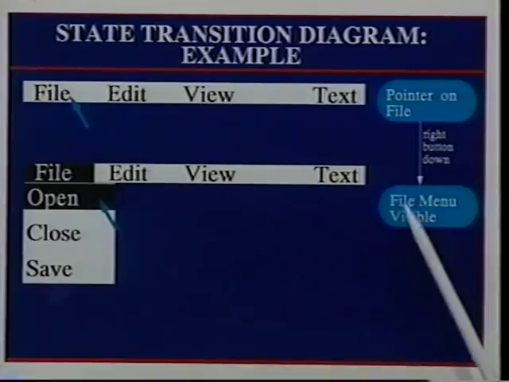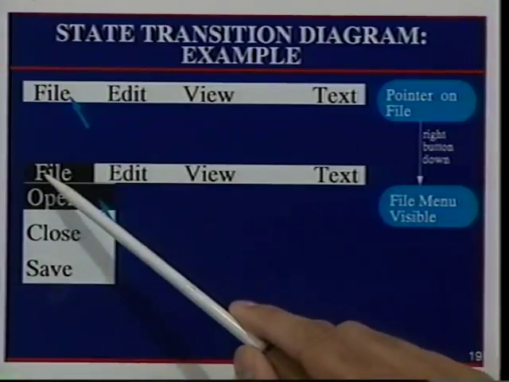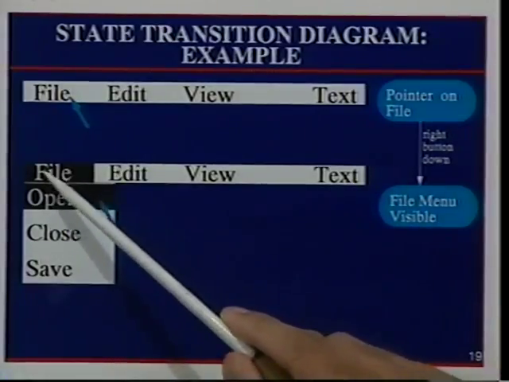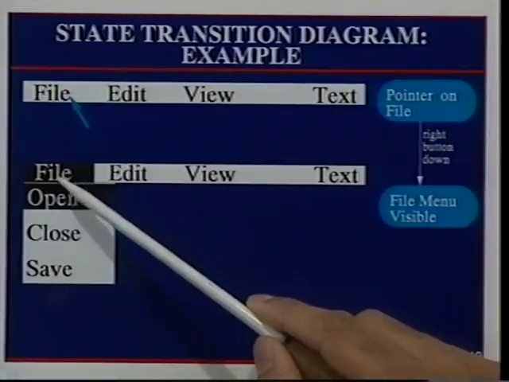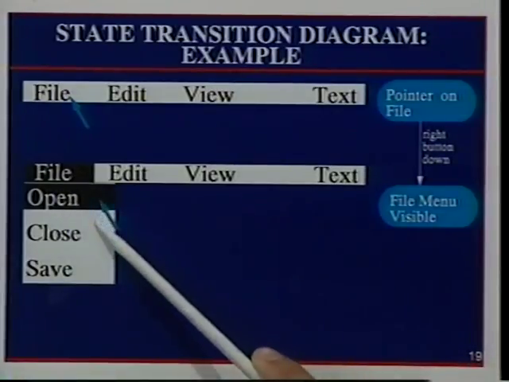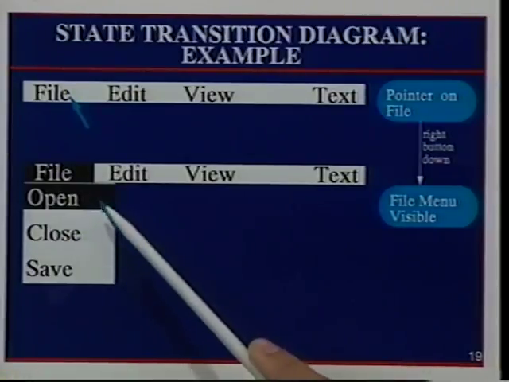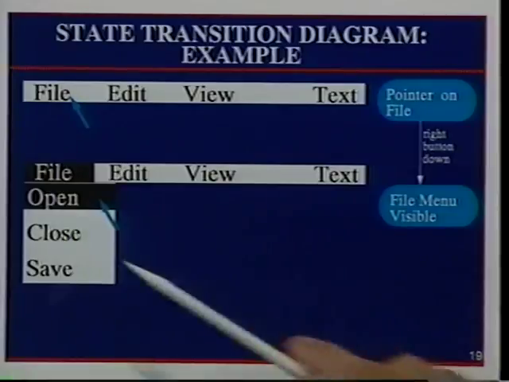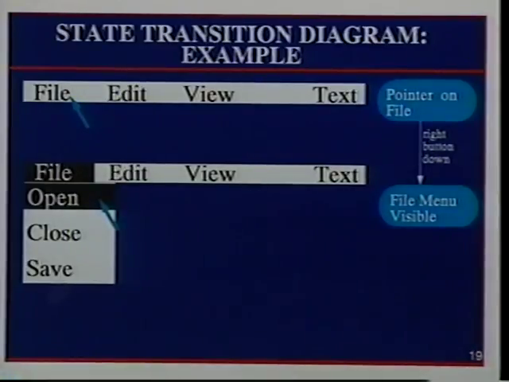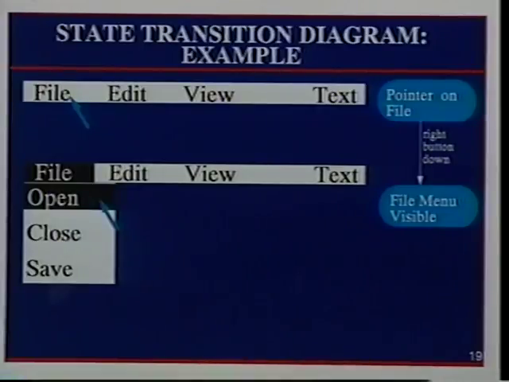When I press a button on this file object, this menu is visible, so I get into a state here, and in this state I have the menu shown, and then when I take this pointer here and move it down, nothing happens. I am in the same state, unless I release the button, and then I go into some other state. So I can describe that using these state transition diagrams, and you can define the behavior of how your vehicle moves and so on using the state transition diagrams.